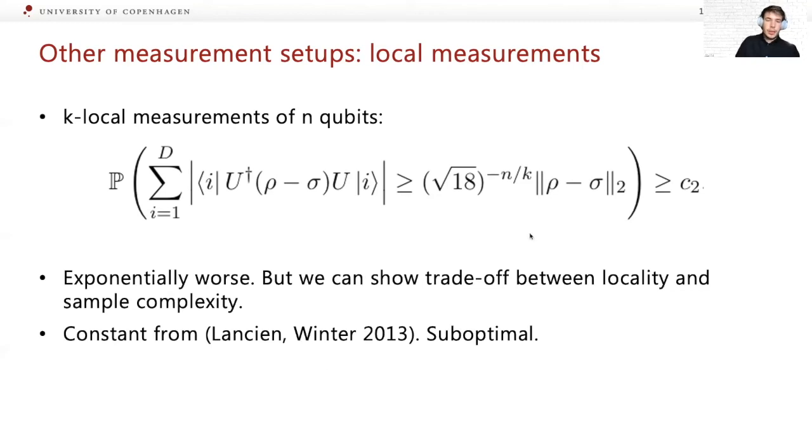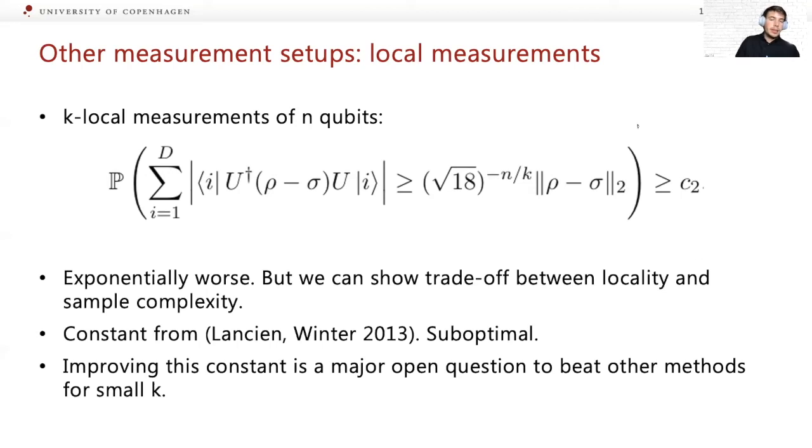In order to make our result competitive also for more local settings, we need to improve this constant, which although it is hardly trivial, is also likely to be suboptimal. So in some sense, we cannot at least prove that our technique outperforms other known techniques with more local measurement setups. However, it's still nice that we can see this trade-off between the locality and how difficult it is to actually perform tomography.